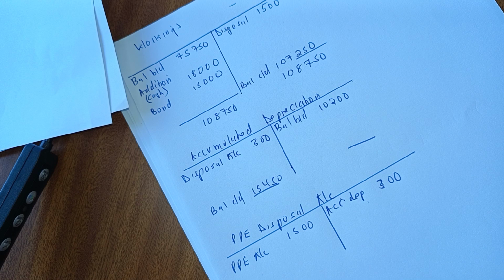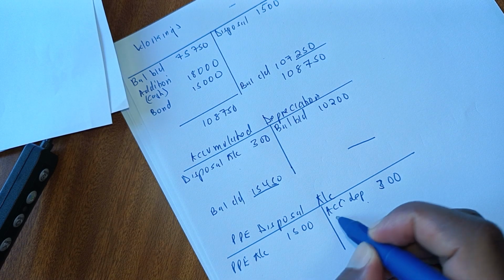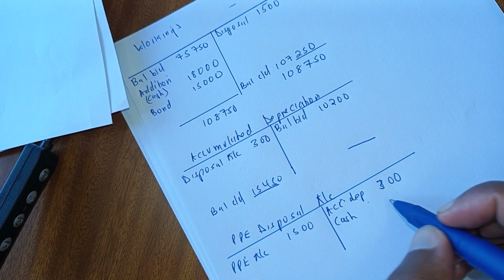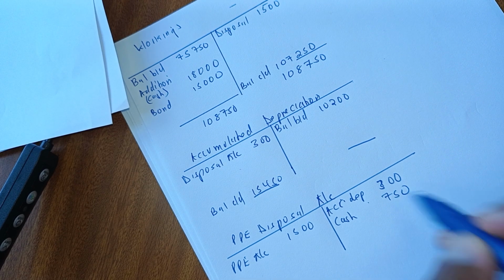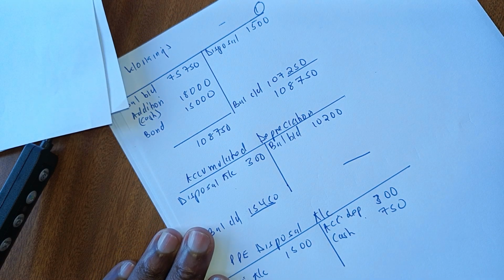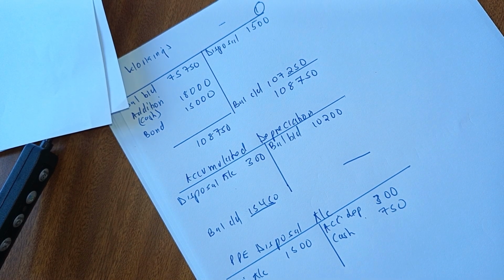Then there's also the sales proceeds, or cash, of 750. So we're going to look at the gain or loss on disposal. The accumulated depreciation account will give us the depreciation charge for the year.